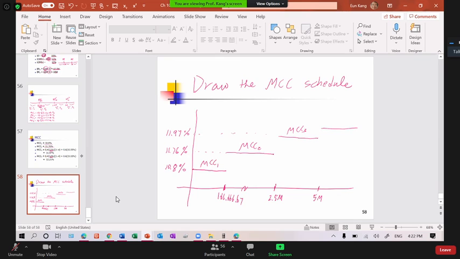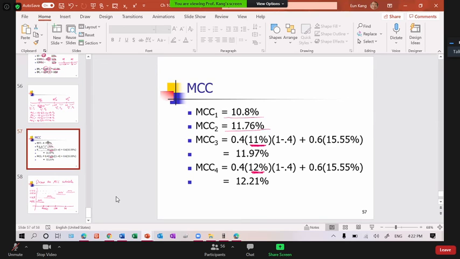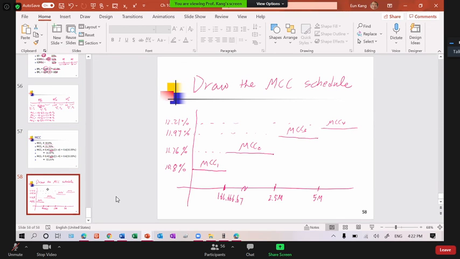Finally, after that, so this is the final answer. So draw the MC schedule. Just draw according to the numbers you have. All you have to do is use them accordingly.